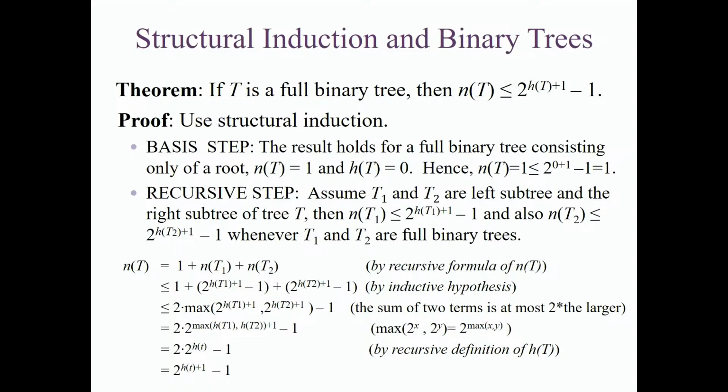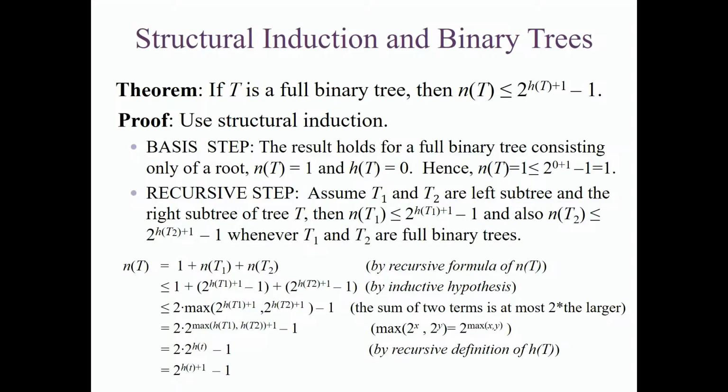Next, let's calculate n of T. The new tree T is created from T1 and T2. Then we need to verify that this property also holds for the new element T. Let's see if it follows the property. Based on the definition, n of T is 1 plus n of T1 plus n of T2.